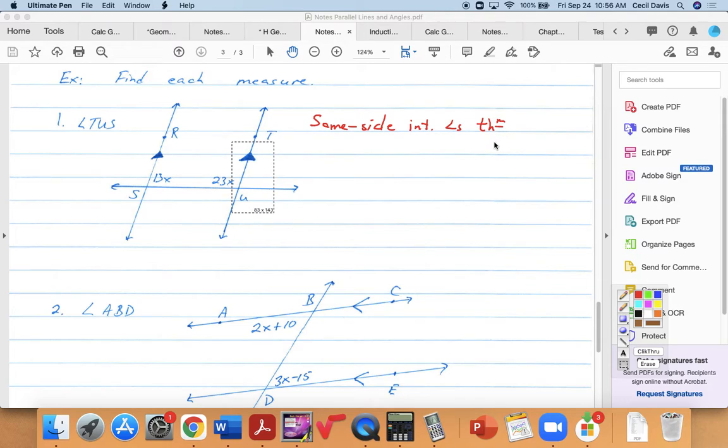The same side interior angles theorem says when lines are parallel, the same side interior angles are going to be supplementary. So we'll just write an equation that says that. So it'll be 13x plus 23x is equal to 180.